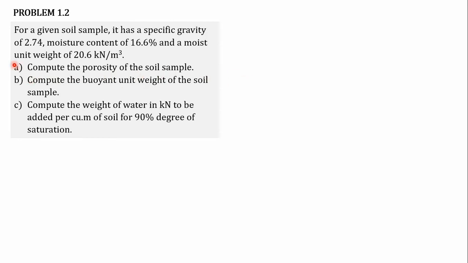Question B: compute the buoyant unit weight of soil sample. C is compute the weight of water in kilonewton to be added per cubic meter of soil for 90% degree of saturation. So, una natin solvein yung A.